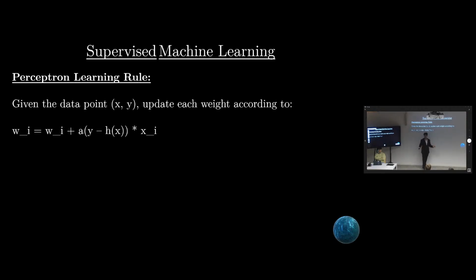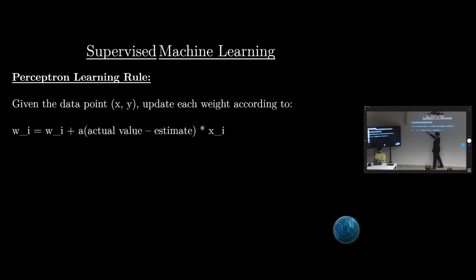I probably lost a lot of you here, but if you just look at the equation, it makes a lot of sense. Y is our actual value, the value that we labeled, while h of x is our estimate. If our estimate is lower than the actual value, it means that our weight wi was too small, so we should make it bigger.